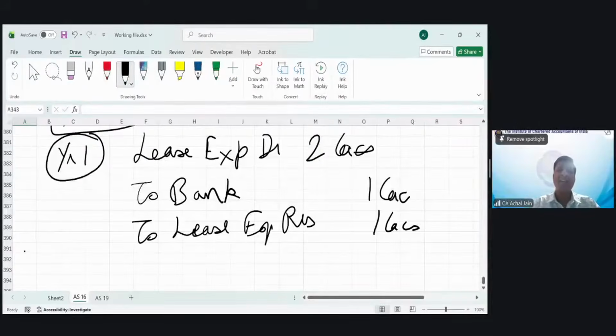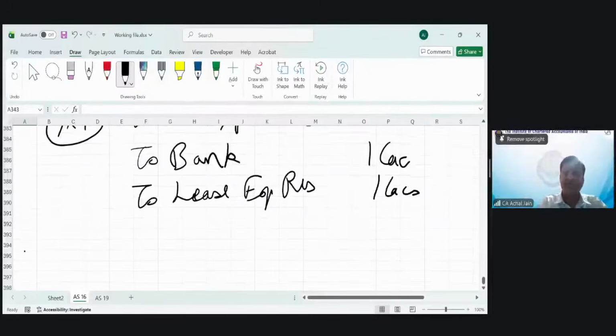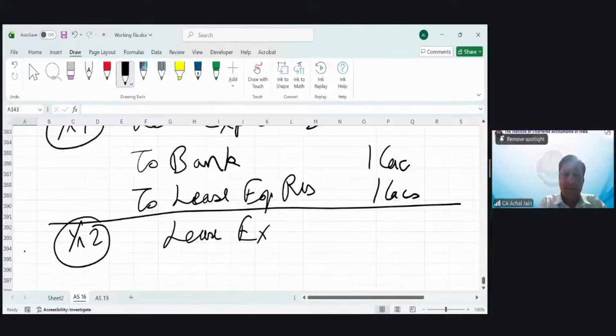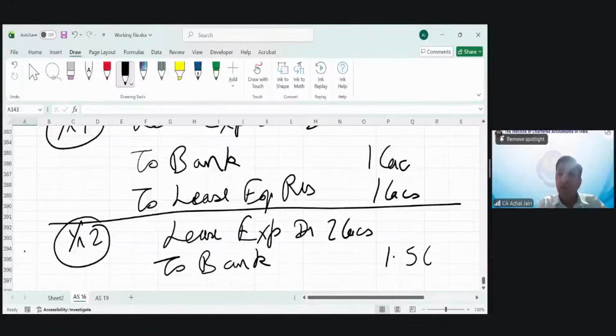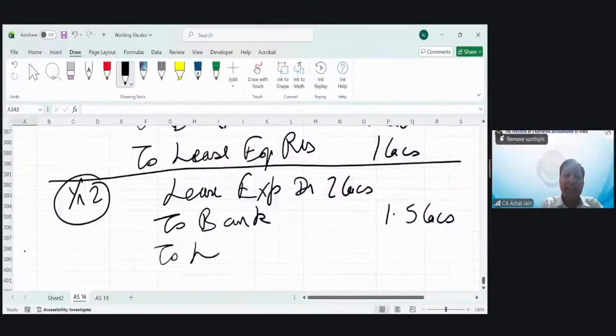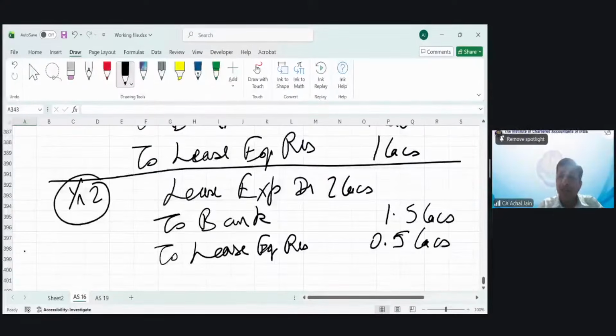Second year, what will happen? Again the same thing. Lease expense debit 2 lakhs. Now what is going to be the bank payment? Second year, 1.5 lakhs. And once again you will have a lease equalization reserve of 0.5 lakhs.